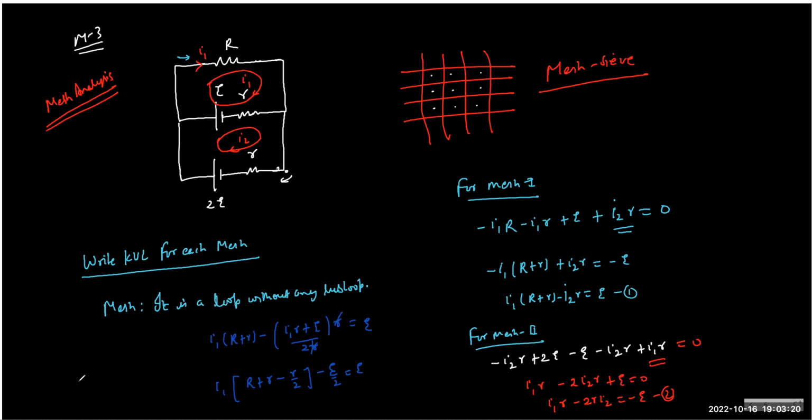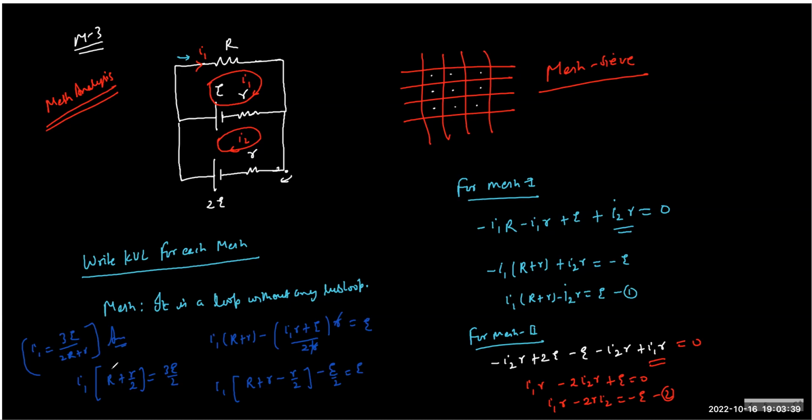Yeah. I1 into R plus R by 2 is 3E by 2. So I1 is 3E by 2R plus R. And this was the answer, right? You can see the answer is matching, right?